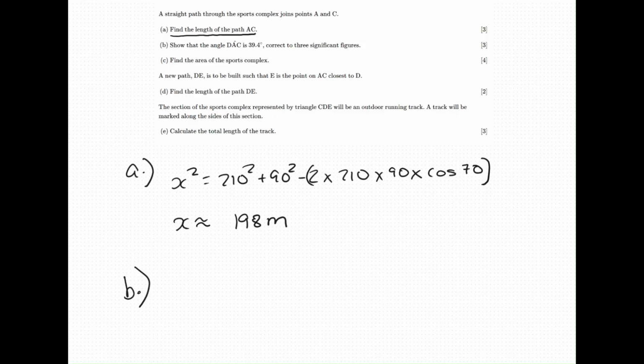So for part B, show that the angle DAC is 39.4 degrees. So DAC will be this angle here. And so you have to show using sine rule.